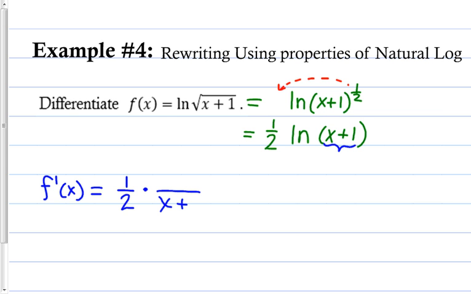So x plus 1, that's my u. And then my u prime would be the derivative of that, which is just 1. So this is my answer. This is what I end up with. I would make it look a little prettier. So 1 over 2, and then x plus 1. That works. If you want to distribute the 2, go for it, but I think that's good enough. And that's that. Moving on.